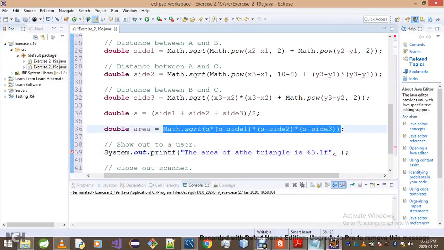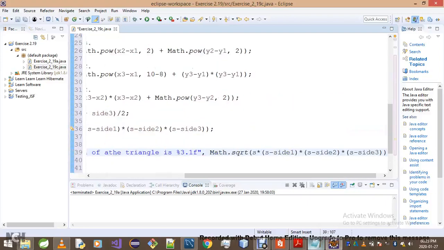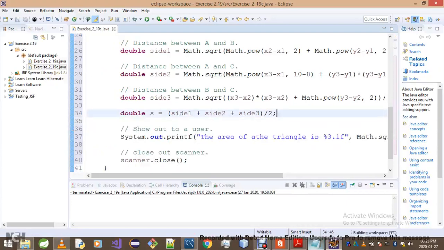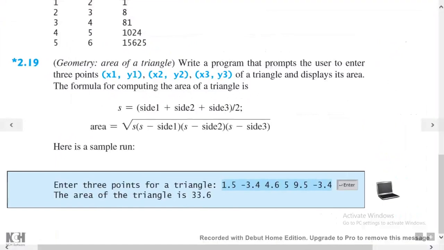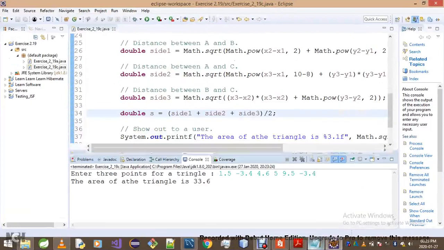Why don't you just go copy and paste the whole thing and avoid having this variable. Let's hit the run button and see what we got. Of course, we're gonna check how our program is doing by copying and pasting what they gave us on the sample run. So boom, it seems like we're getting what we expected.